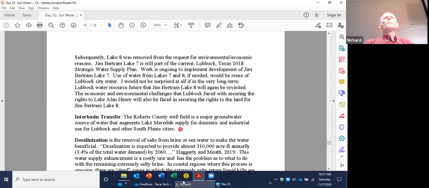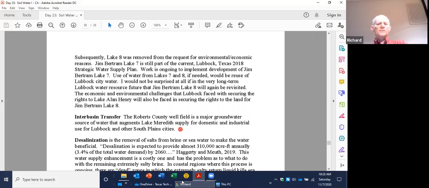And so there are environmental problems with creating a dam and making Lake 7 or 8. I would not be surprised that if in the very long term, as Lubbock continues to grow, that Jim Burton Lake 8 will reemerge on the need for the city. And again, Lubbock will be faced with the environmental challenges of getting a new lake.